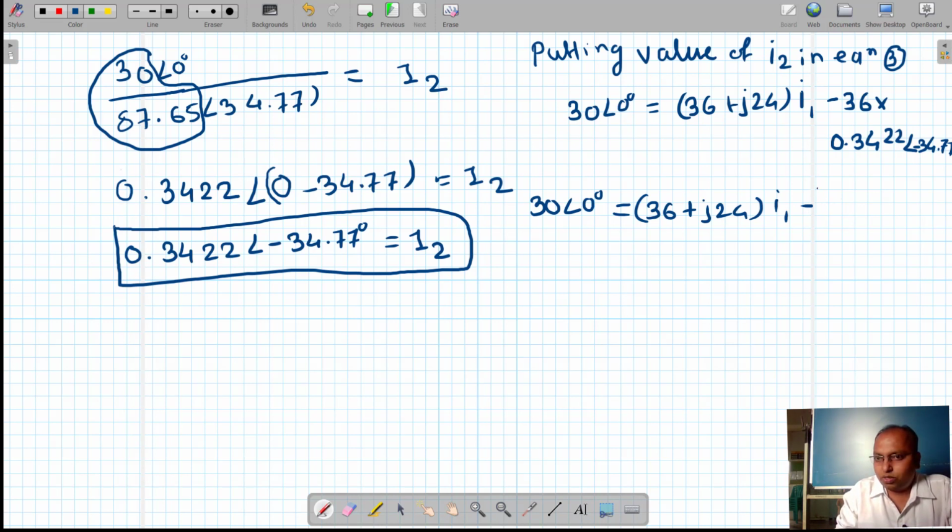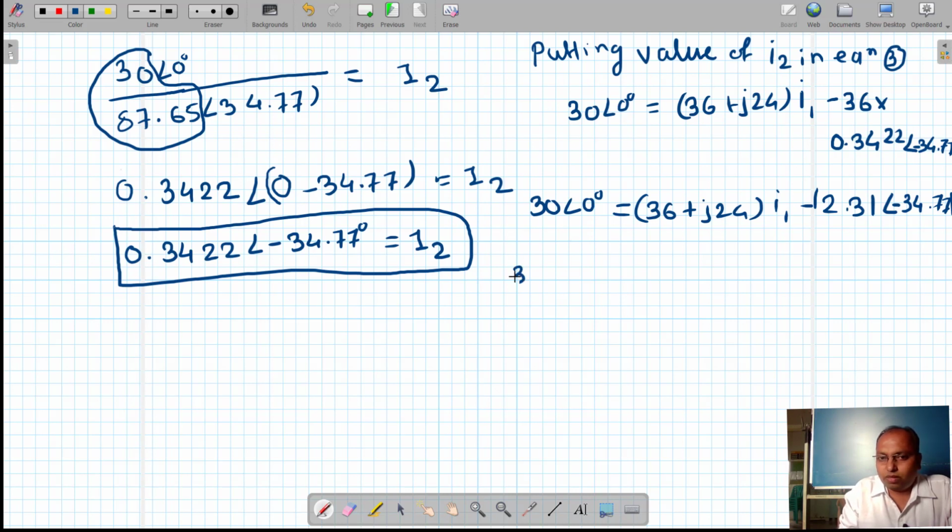It is coming as 12.31, and the angle will not alter because the angle is 0 over here. No value means it is simply 0, so it will be as it is. Okay, now let us take this term to the left hand side.